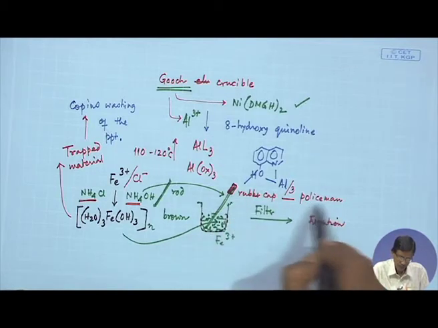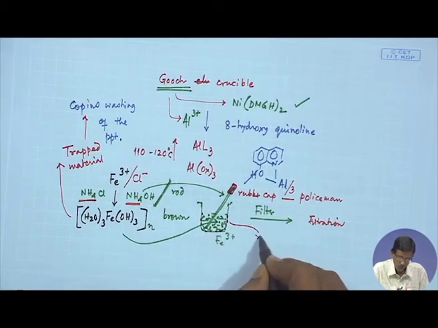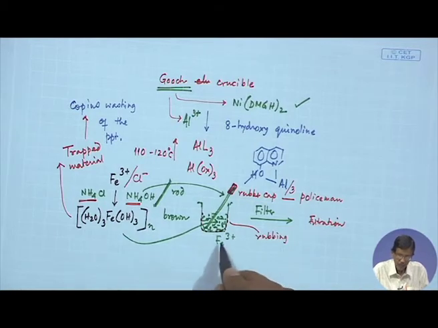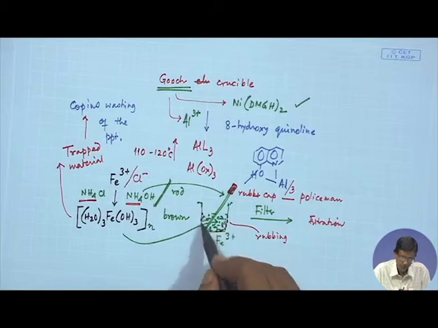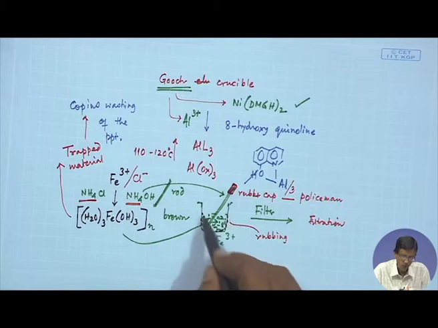So, rubbing with this policeman with the rubber cap is required for dislodging the ferric hydroxide which is attached on the beaker surface, because the glass surface alone is not very useful to remove all of it.